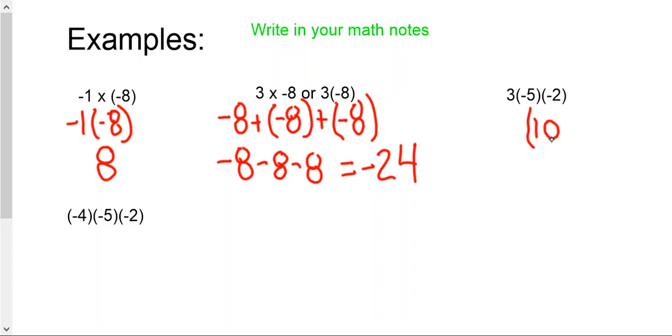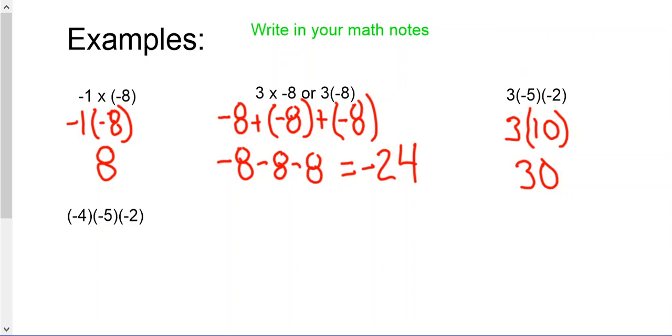So we have 10 times 3, and that will give us 30. Again, you could do them any way that you would like. You could do 3 times a negative 5, which will give you negative 15, times negative 2, which will give you a positive 30.